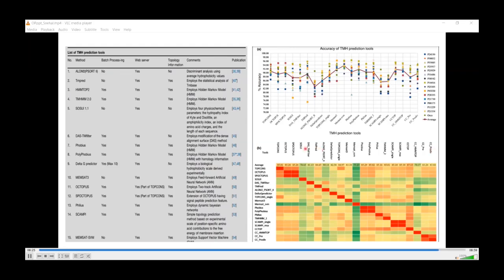When we did this, again we found that a few methods performed much better than the others, and MEMSAT SVM was one of them. Such analysis gives us an idea about which prediction tools perform better in which context, and they can be applied before performing further analysis like prediction of structures of transmembrane helix containing proteins.